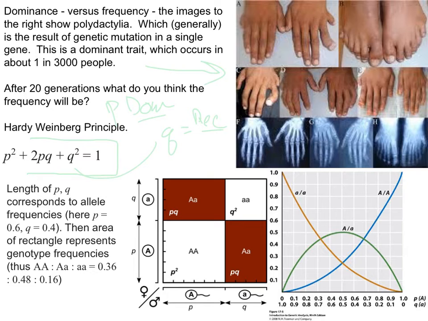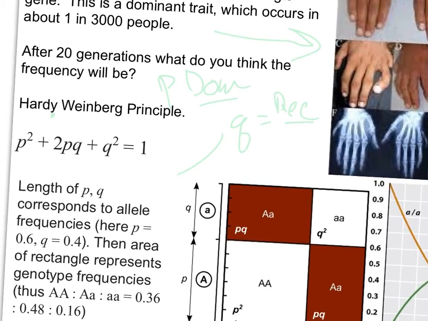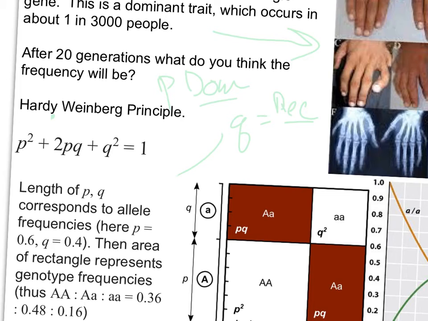And so hopefully what you can see here is with p, let's say this is hexadactyly we're talking about. Oh, sorry, let me erase this stuff. I'm going to move this over so I can actually write on this.